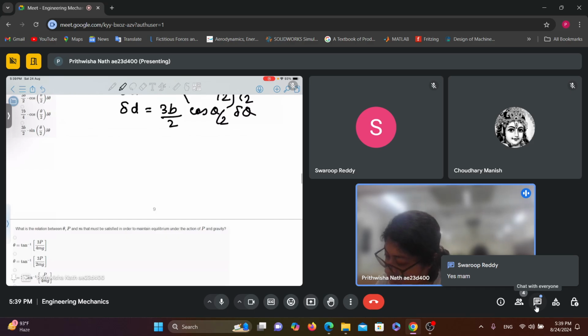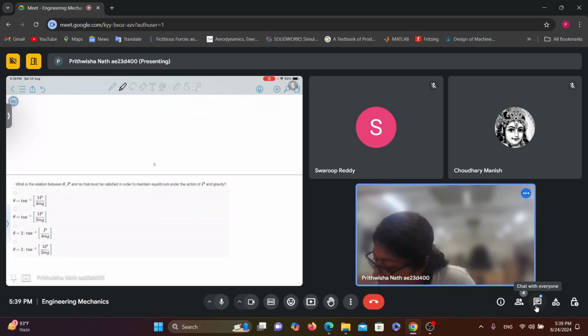Now the next part of the question: what is the relation between theta, P and m that must be satisfied in order to maintain equilibrium under the action of P and gravity?